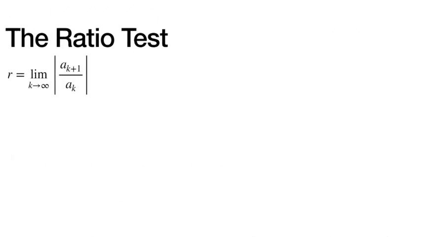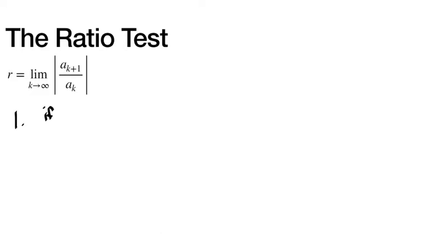Okay. When it comes to absolute convergence, we want to talk about two tests that you'll remember from Calc 2. The first is the ratio test, and this is one that we did a lot, and it was a really good test. And it basically says you take the limit as k goes to infinity of these things. By the way, we're assuming that our a_k's are not 0. If they were 0, then this would be a problem. Then we get two results.